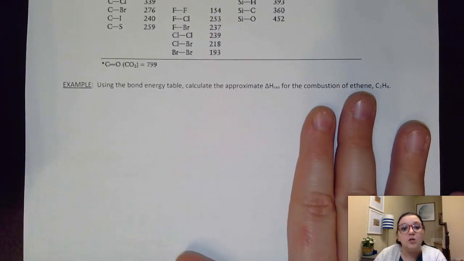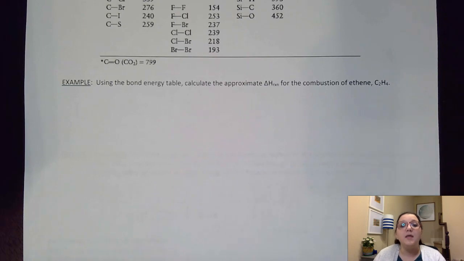It says here, using the bond energy table, calculate the approximate delta H of the reaction for the combustion of ethene, C2H4. Now the first thing you would want to do is get yourself a balanced reaction. If I already had a balanced reaction, then I could just use that. If I don't have one, then I'm going to need to write one.